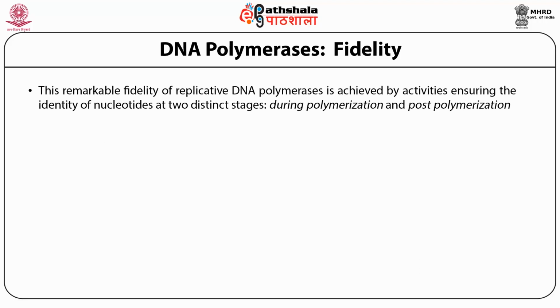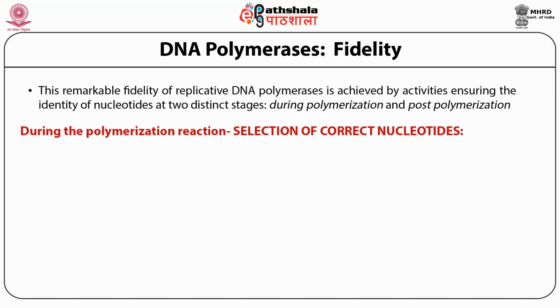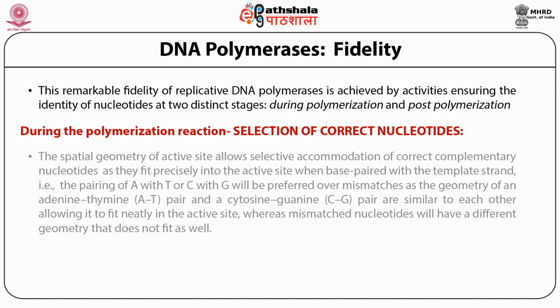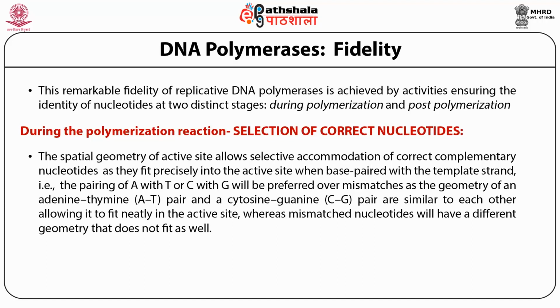This remarkable fidelity of replicative DNA polymerases is achieved by activities ensuring the identity of nucleotides at two distinct stages: during polymerization and post-polymerization. During the polymerization reaction, in the selection of correct nucleotides, the spatial geometry of the active site allows selective accommodation of correct complementary nucleotides as they fit precisely into the active site when base paired with the template strand.